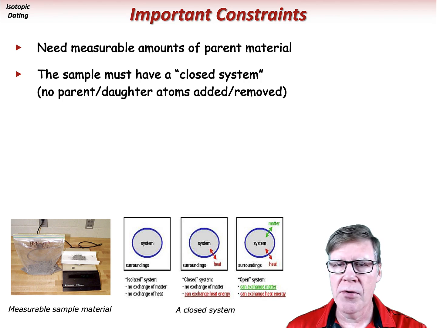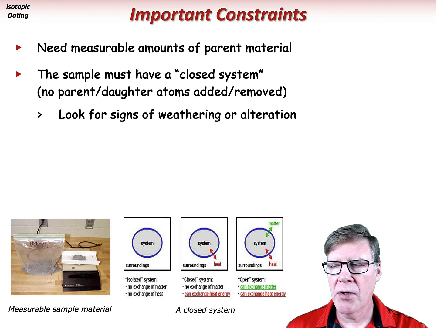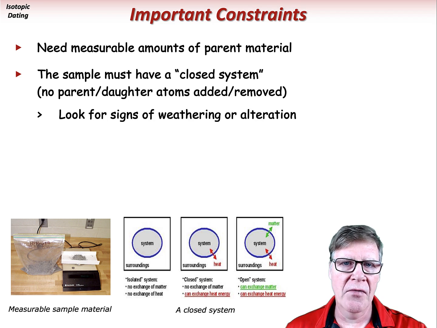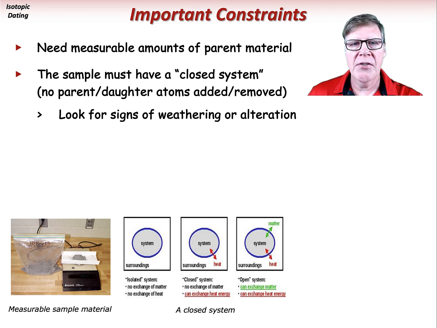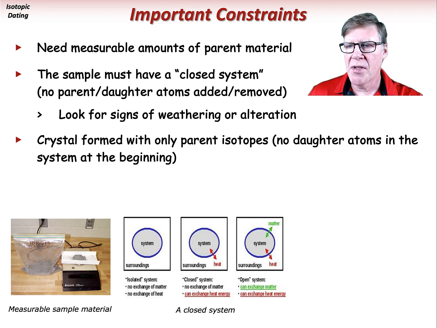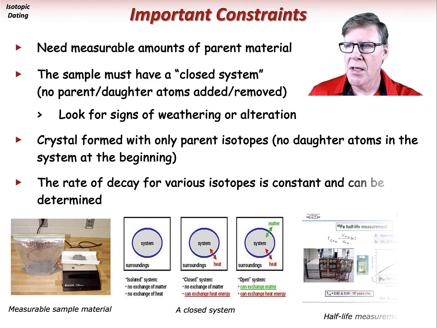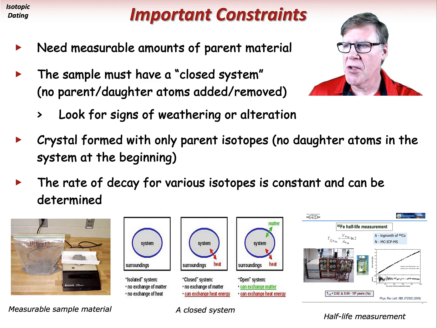This usually occurs through the process of metamorphism, so we look for signs of weathering or alteration that could mean that the sample has been modified and does not represent a closed system. Another constraint is that the mineral crystal must have originally formed with only parent isotopes and no daughter isotopes present at the beginning. Lastly, the rate of decay for the various isotopes must be constant and measurable. The half-lives of many isotopes have been measured in labs around the world for over 100 years.